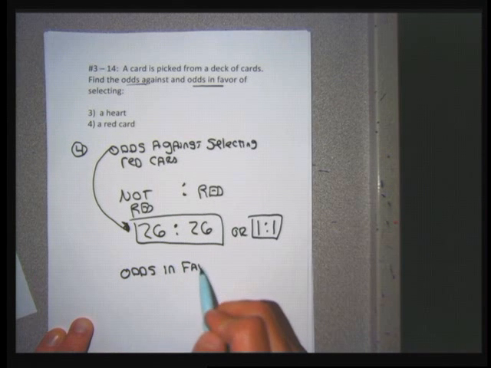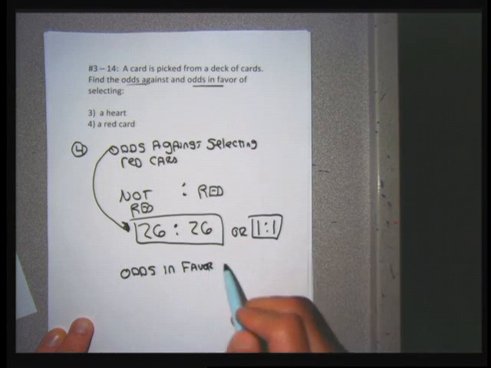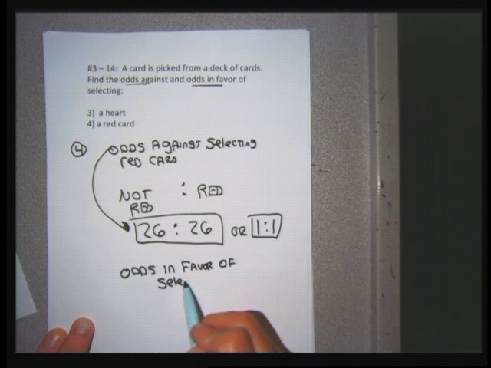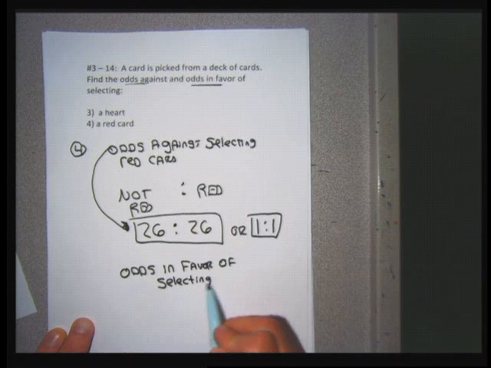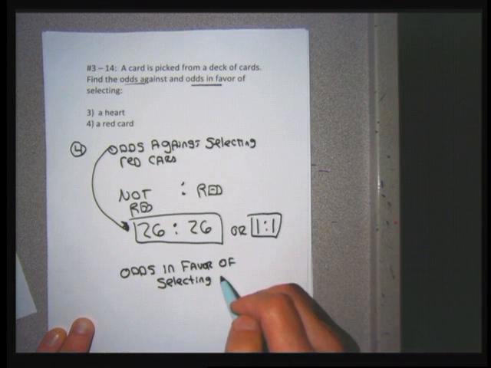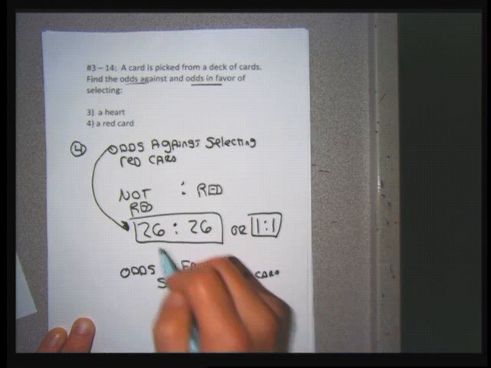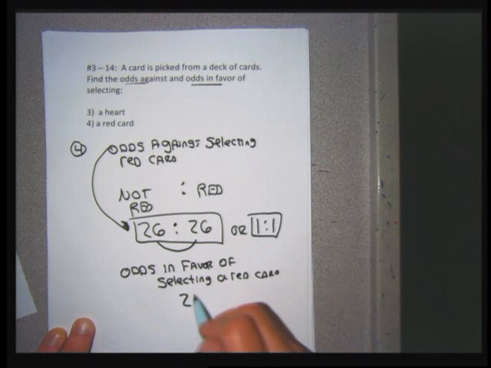I'll just flip the answer that I got for odds against, because odds in favor of an event are just kind of the reciprocal in some sense of the odds against. So I'm going to switch these numbers, and it's going to look the same.